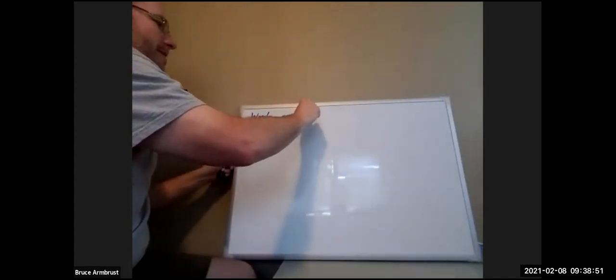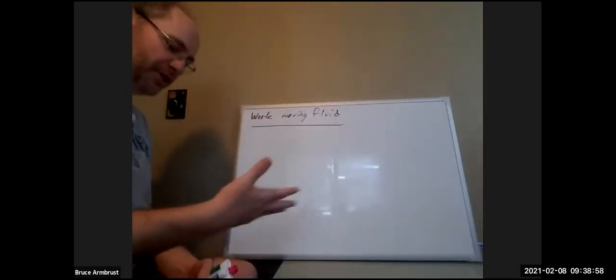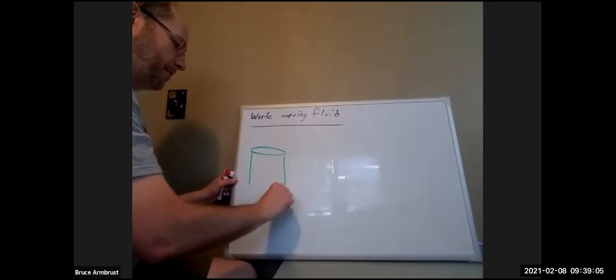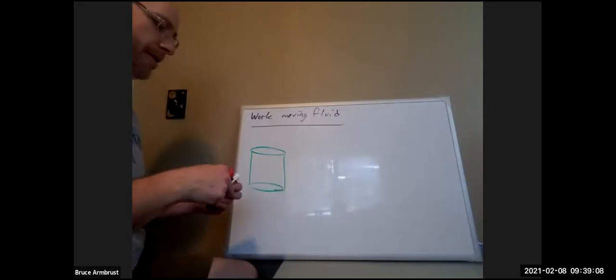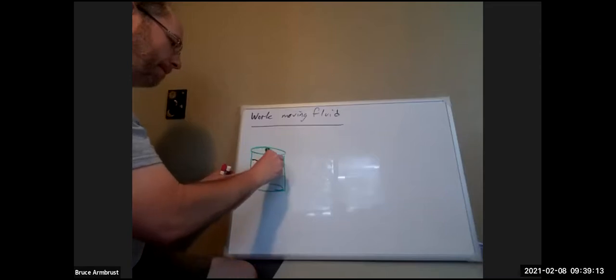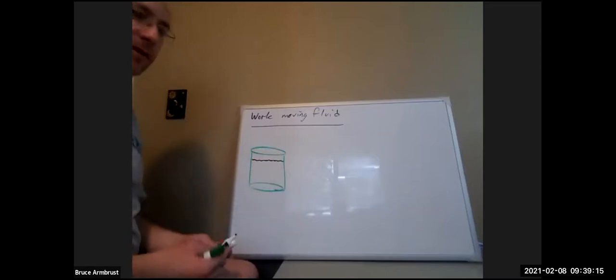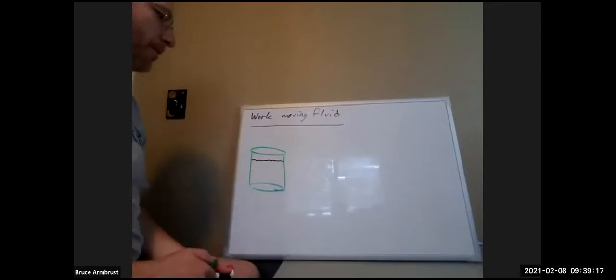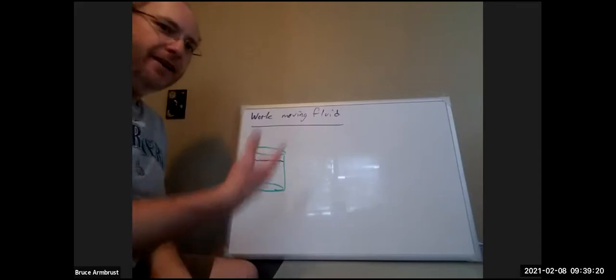All right, so let's look at this. So we're going to look at work moving fluid. So suppose, just suppose, that we've got a tank. We'll make it cylindrical to make our life easy. And there's all kinds of water in it, right? So it's filled with water. But what we're going to do is we're going to take all the fluid out.